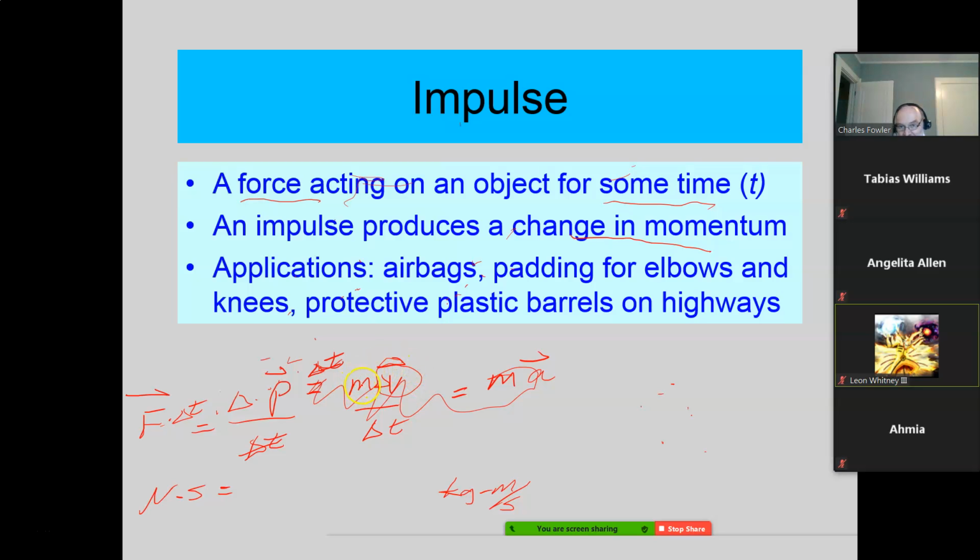She had a certain mass, but when she hit the floor, the time interval in hitting the floor was almost instantaneous. So this is a significant change of velocity, which it was. She went from going very fast to stopping in almost an instant. That made this force incredibly large. Okay, so let's back up a little bit.